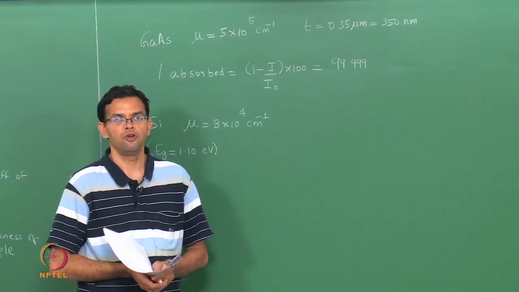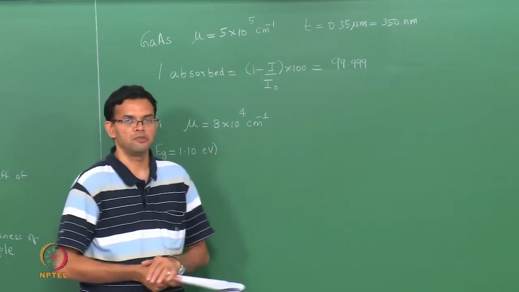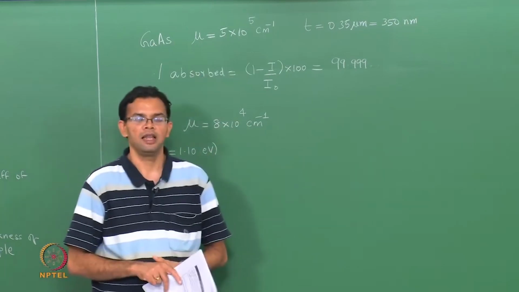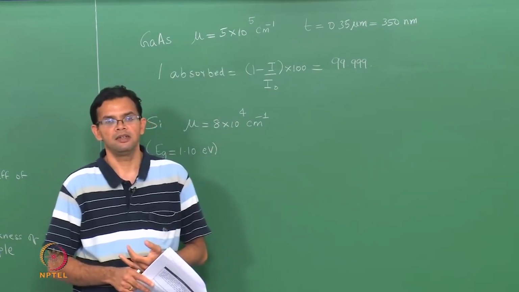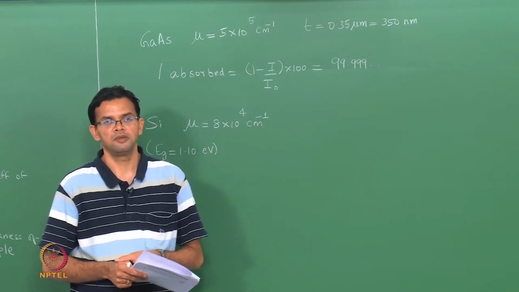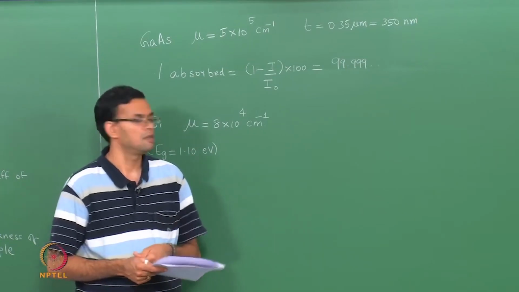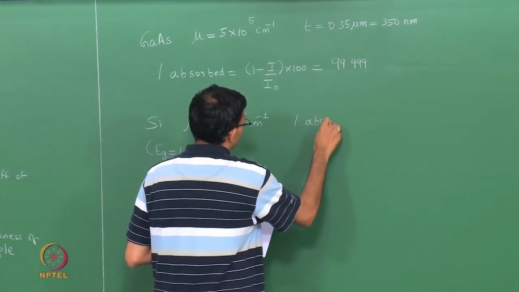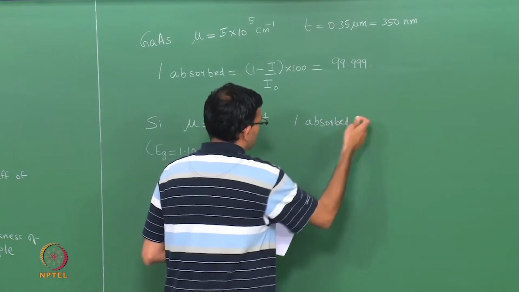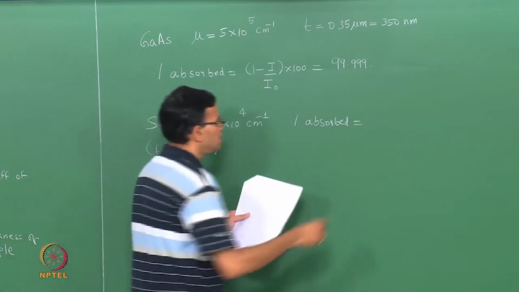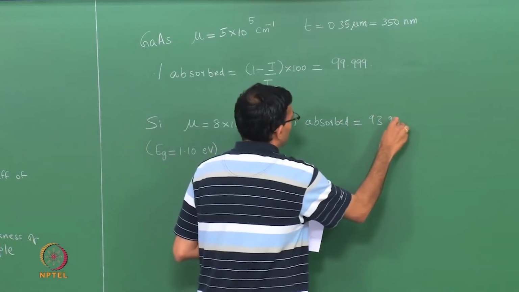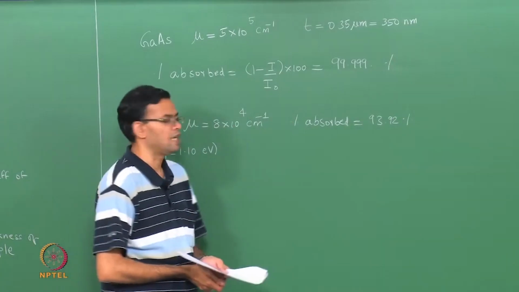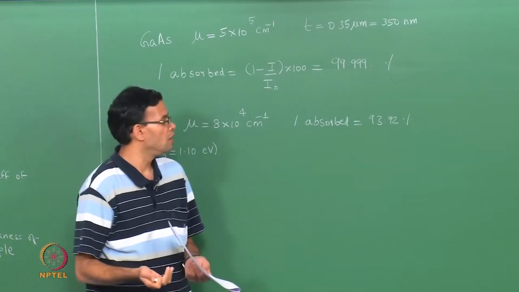So, even though it has a lower Eg, the value of the absorption coefficient at 2 electron volts is slightly lower than that of gallium arsenide, and this is basically related to how the density of states is distributed in the valence and the conduction band. So, taking this value of mu, we can calculate the percentage absorbed. You can again plug in the numbers, and this is 93.92%. So, it is still a high number, but nearly 7% of the light gets through while the rest is absorbed.